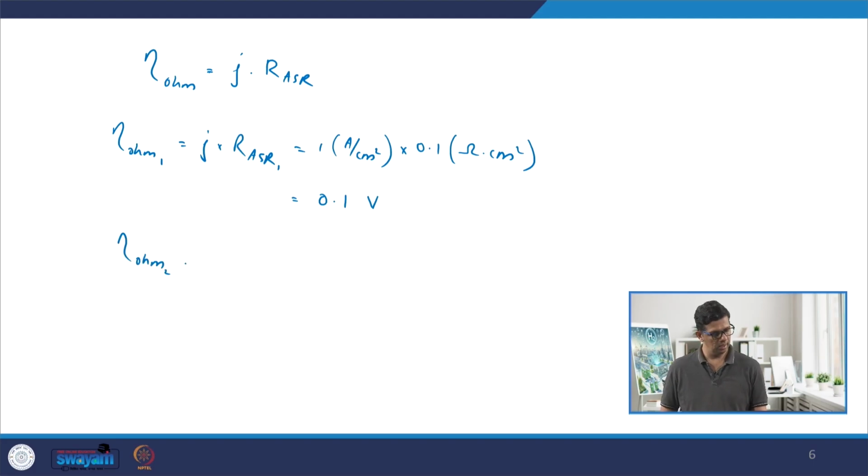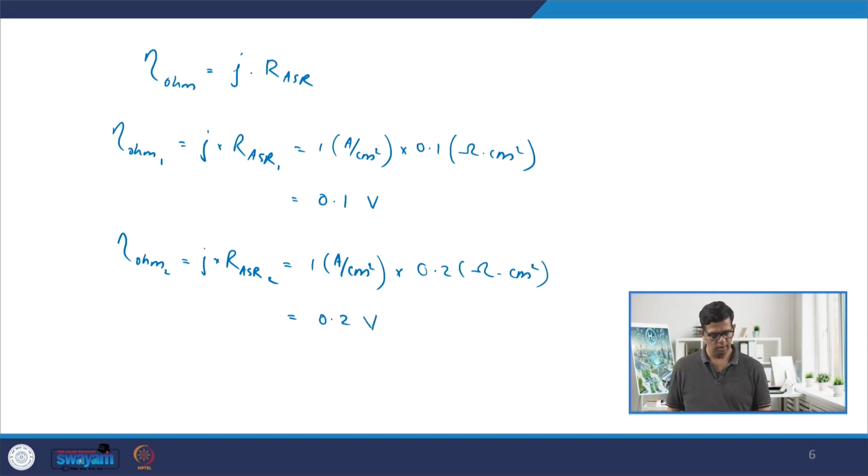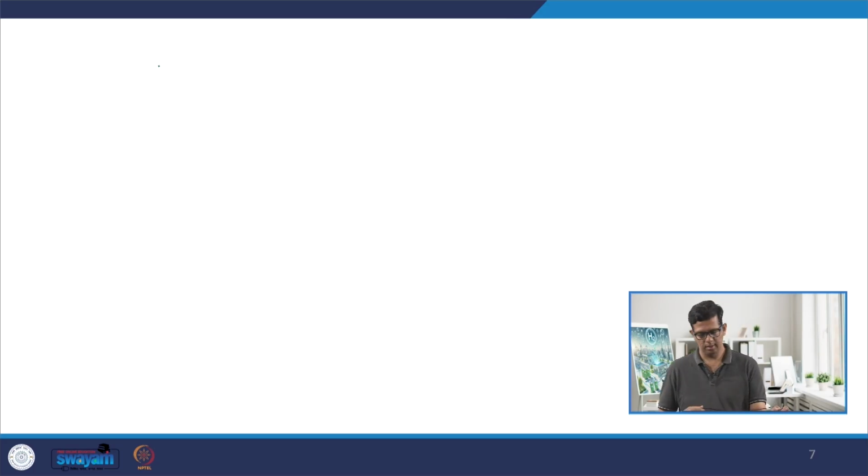And what is the ohmic over potential for the second cell? It is J times RASR 2. Current density is the same. What gets changed in case of the second cell is the area specific resistance, which is 0.2 ohm centimeter square. So, this comes to 0.2 volt, right. So, what does it imply? Let me put it in other words.